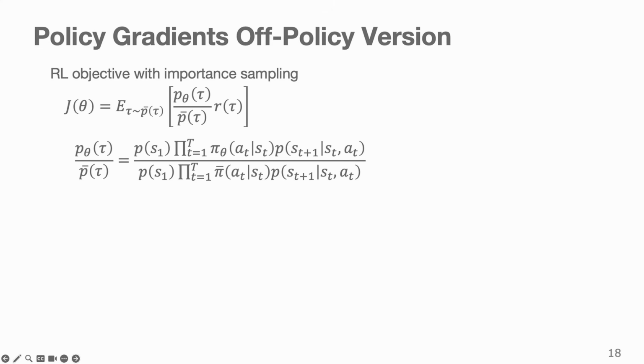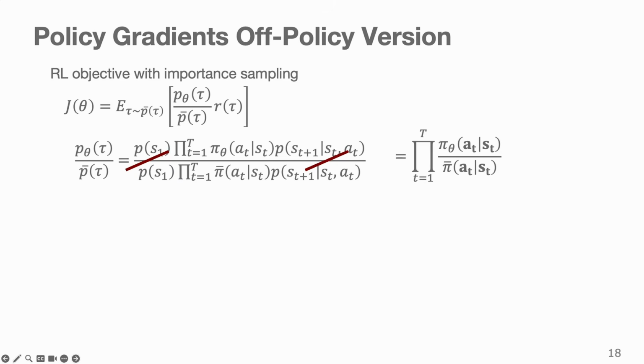Now we know that both policies will have the same initial state and the same transition probabilities, so we can cancel them out as they're operating in the same MDP. And so now we are left with essentially the ratio of products of the policy probabilities. As I said before, this is quite useful because we don't always have the dynamics of the world, and so this way we can now evaluate these importance weights.